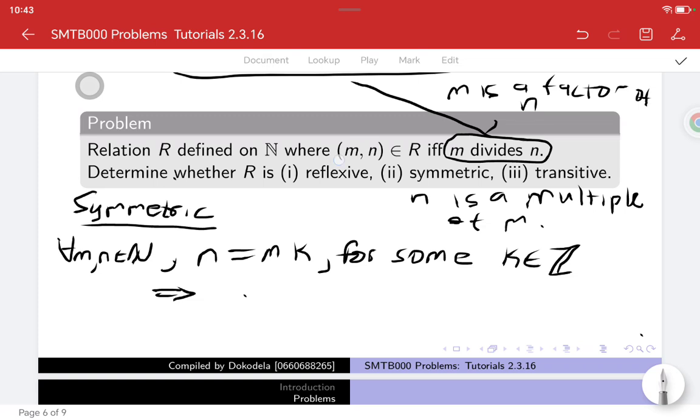Remember, for reflexivity I must arrive at one thing; for symmetric, I must arrive where (n, m) is an element of R, meaning the opposite of this. And that will happen if and only if n now should divide m. So this should be the case where I should arrive.